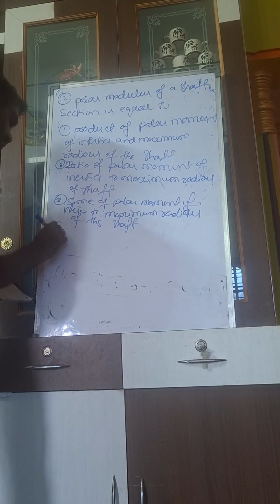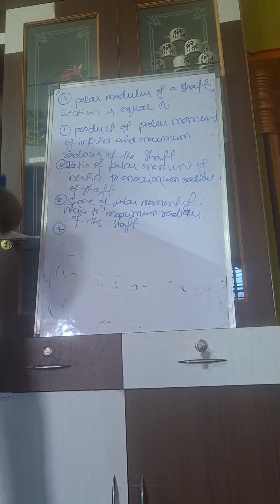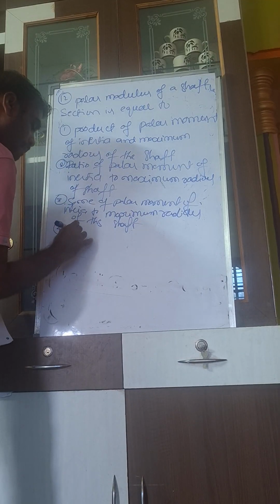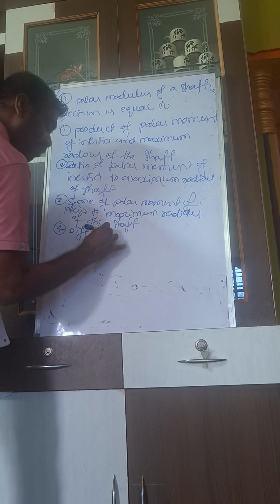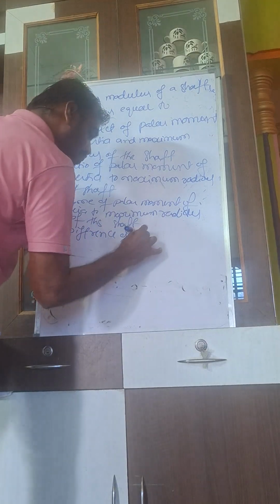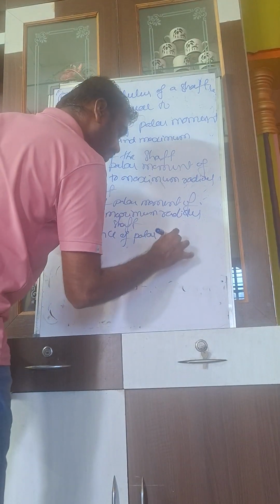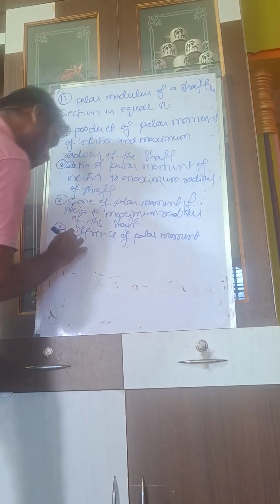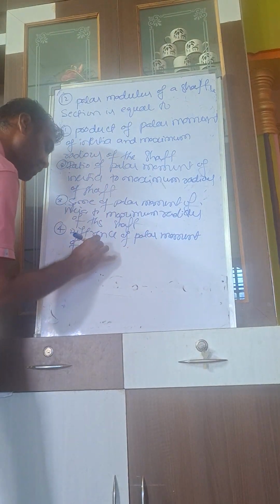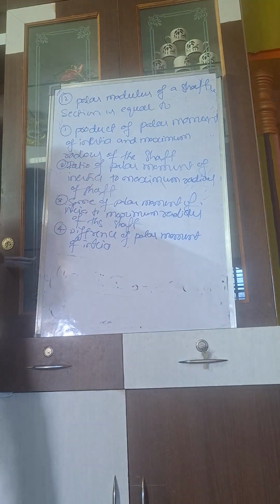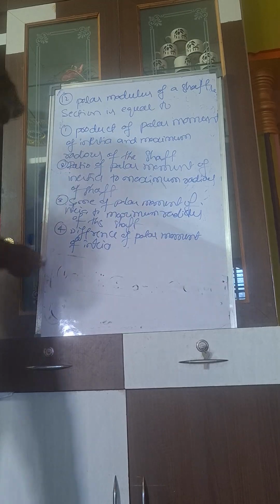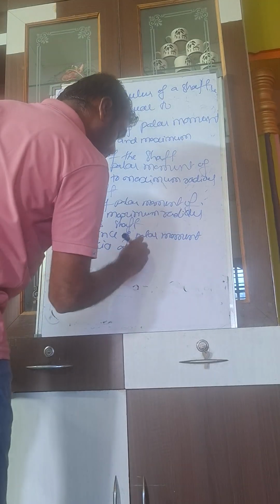Fourth one: difference of polar moment of inertia and maximum radius of shaft.